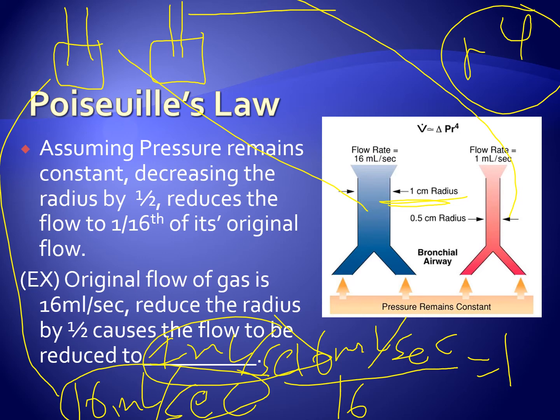They get smaller, the radius gets smaller, right? With emphysema, with their floppy airways, what happens with the radius? It gets smaller. So when we're looking at those disease conditions, it's actually an application of Poiseuille's law here, and we'll equate it to airway resistance in a bit here, but that's exactly what we're looking at. The flow of gas out of their lungs is significantly reduced, which means their ability to get rid of CO2 decreases, right?